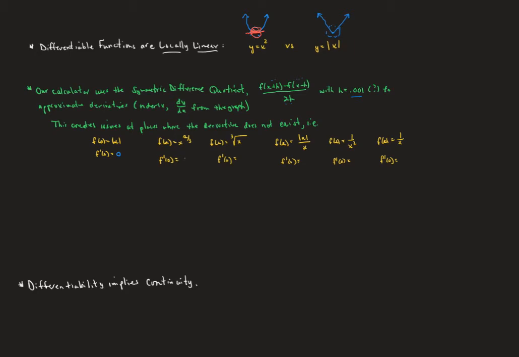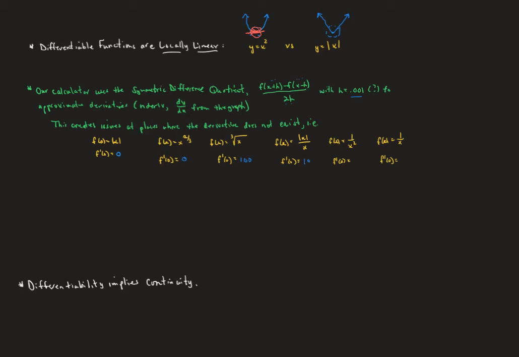Likewise with x to the 2/3, that's a cusp, which we know is not differentiable at 0, yet the n-deriv feature in your calculator will give you an incorrect answer. For the cube root of x, I believe it's going to give you 100 for an answer, and again, the derivative doesn't exist there. For absolute value of x over x, I think it gives you 1,000.